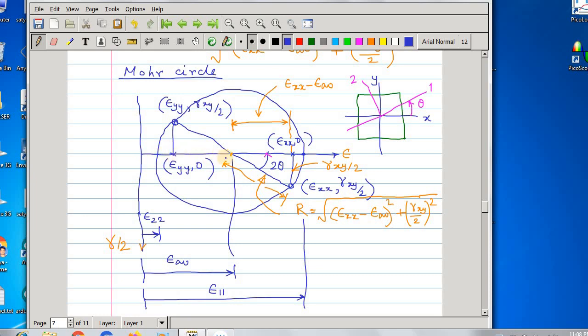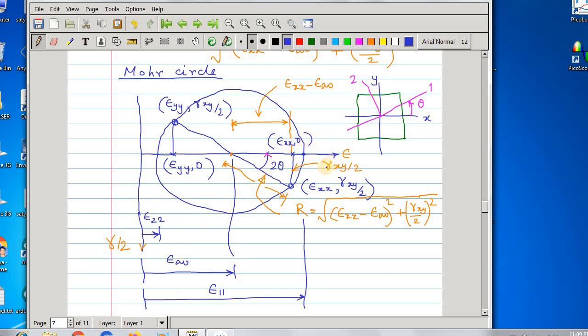First, take your epsilon axis, and this is your gamma axis or gamma by 2 axis, whatever you say. Now epsilon x and gamma by 2 would be plotted here. So this is epsilon xx, and positive gamma xy by 2 would be plotted in the downward direction, because gamma by 2 or gamma is in the downward direction.